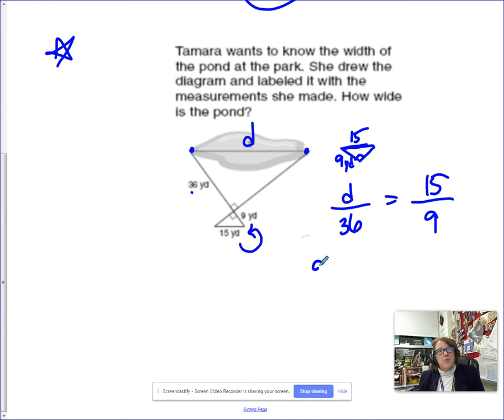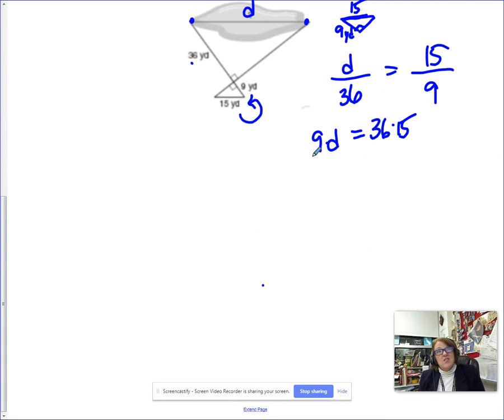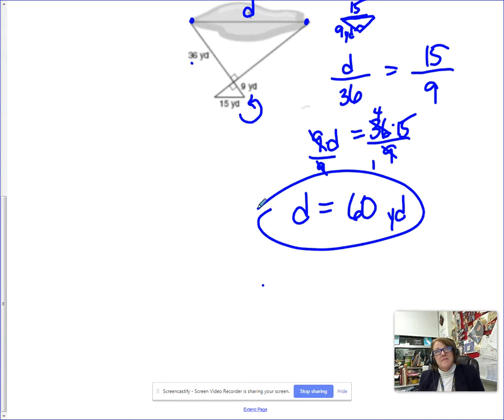But you will end up with this. D times 9, or 9 times D, equals 36 times 15. And once you get that value, or you can just divide by 9 right now, you will get D equals, you can crank that out, or in the olden days, we would simplify before we multiplied. You should get 60 yards.